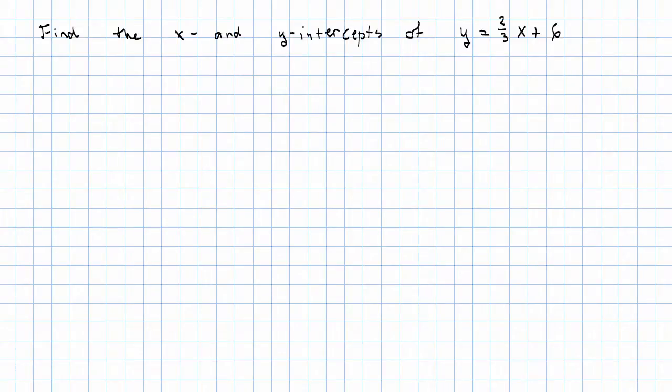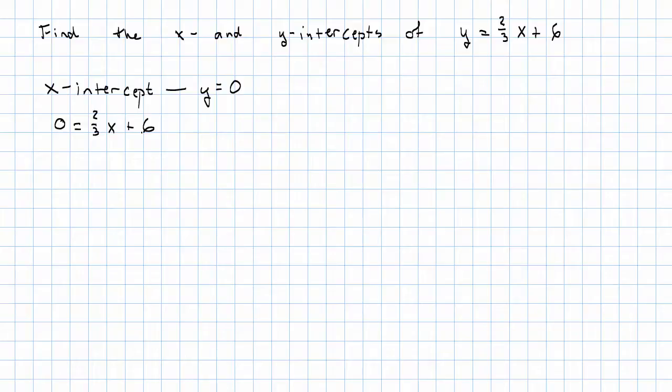Suppose we want to find the x and y intercepts of the equation y equals 2/3 x plus 6. Well, for the x-intercept, we want to find the point where y equals 0. So we plug in 0 for y, and we get the equation 0 equals 2/3 x plus 6.